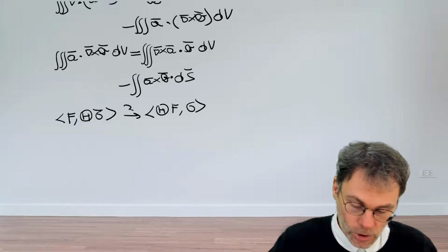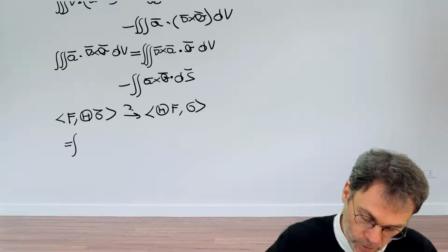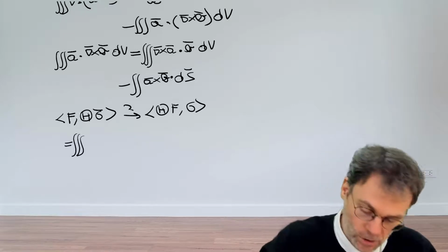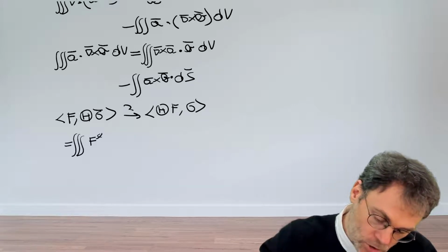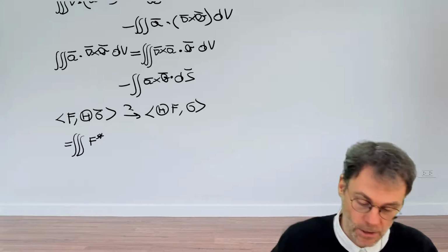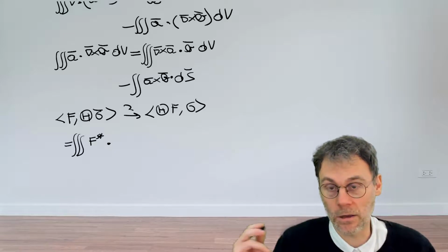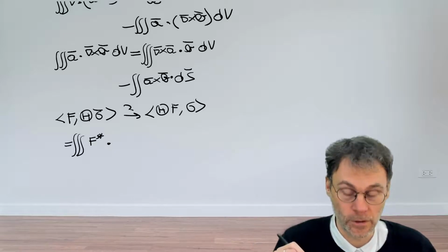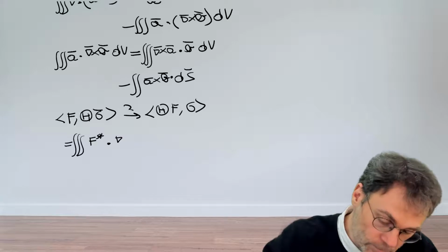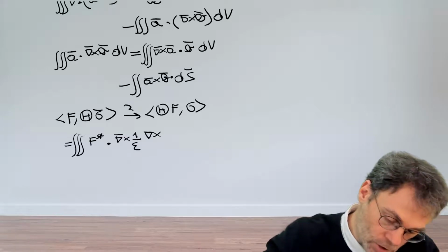Okay, so what do we have? If we have the definition here, our scalar product is a volume integral of the complex conjugate of the first vector function, and then we have the second vector function, which is the theta operator operating on G. So the theta operator, remember, is curl 1 over epsilon curl.